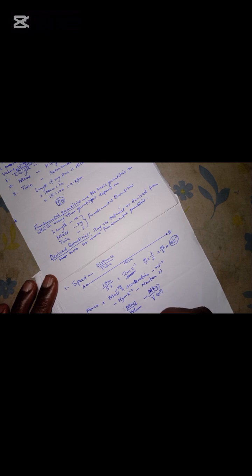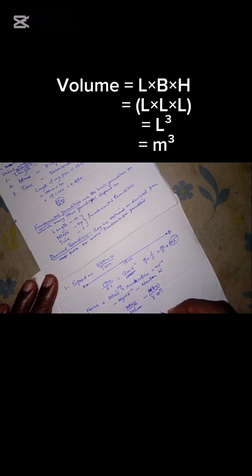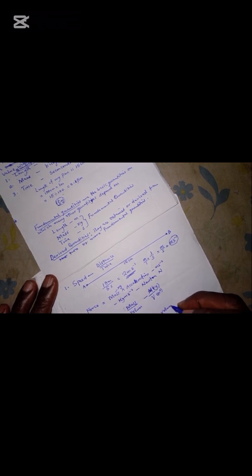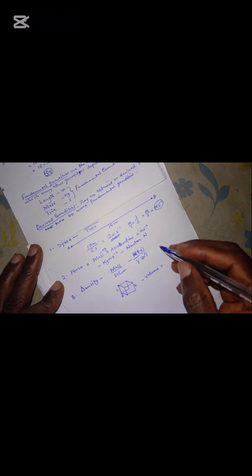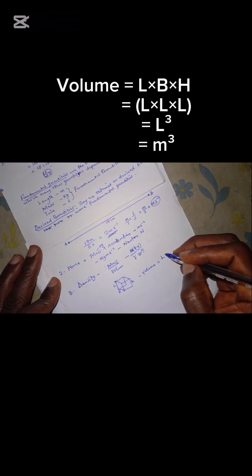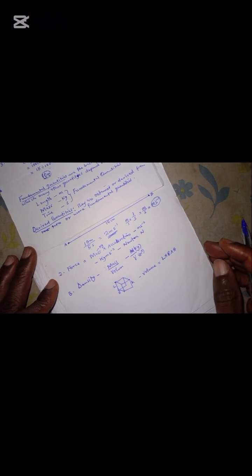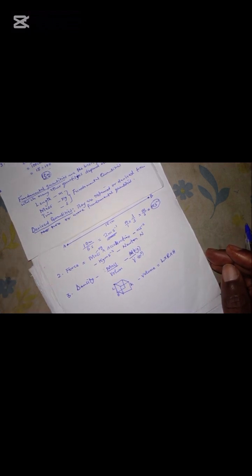Let's assume you have this. This is volume, let's say the volume of a box or a cuboid. You have the length, you have the breadth, you have the height. So the volume of a cube or a cuboid is equal to length times breadth times height.